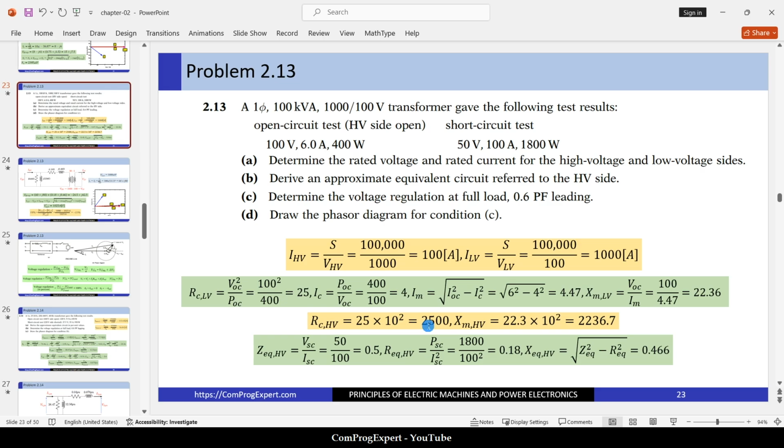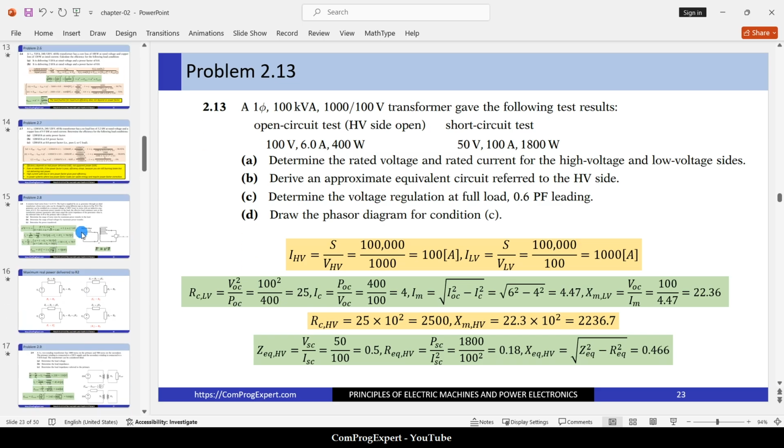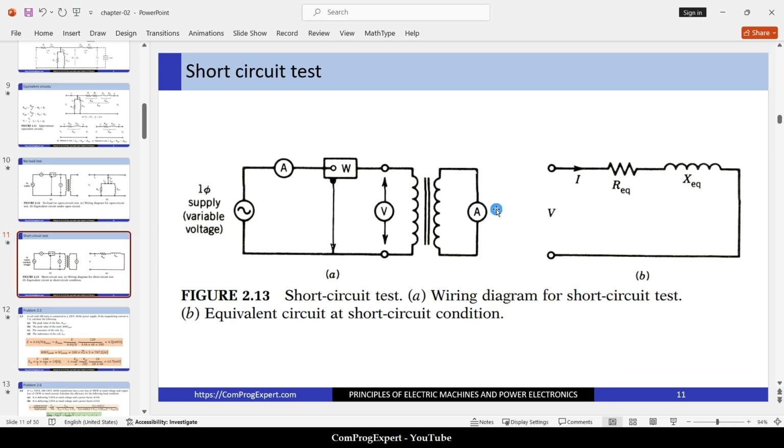So what is the next test? It is the short circuit test. And here is the case. As you know, in the short circuit test, we neglect the excitation branch, and the aim is to calculate the equivalent resistances of the primary and secondary winding, and also the leakage reactance.